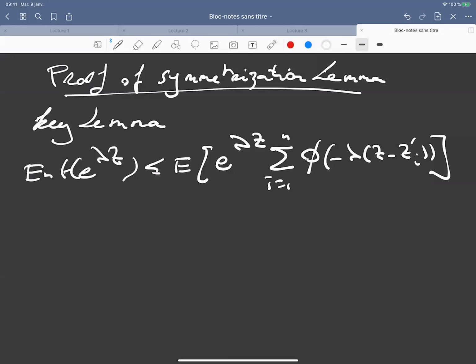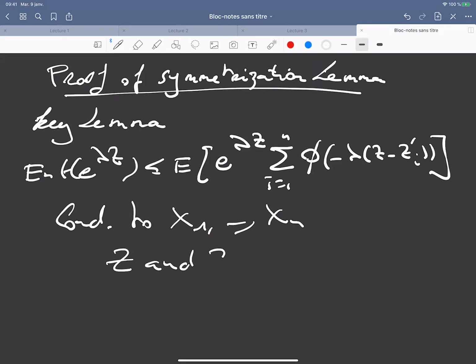And now we condition this time by X, so conditionally to X1, Xn, Z and Z prime I are independent and have the same distribution.